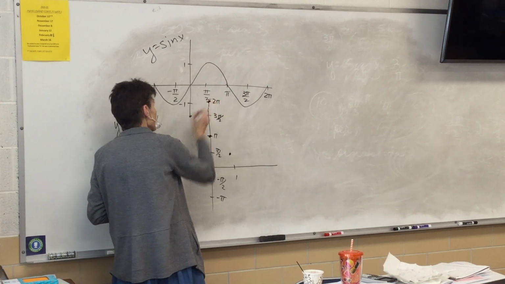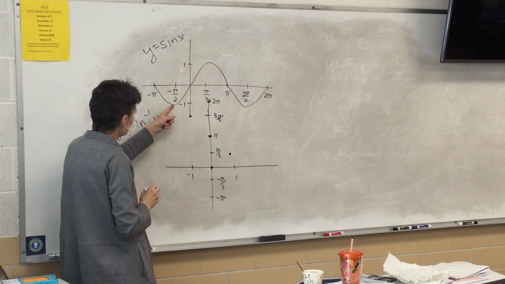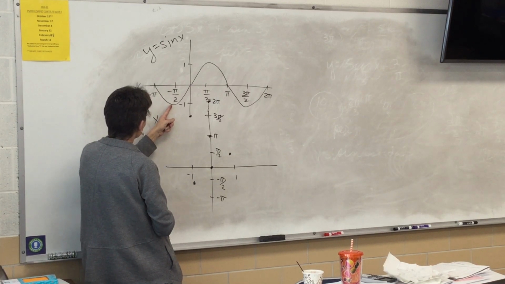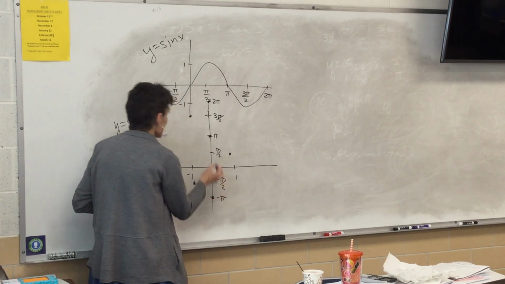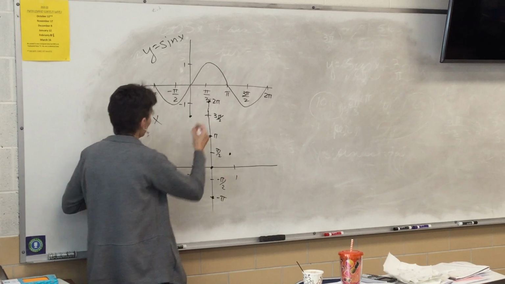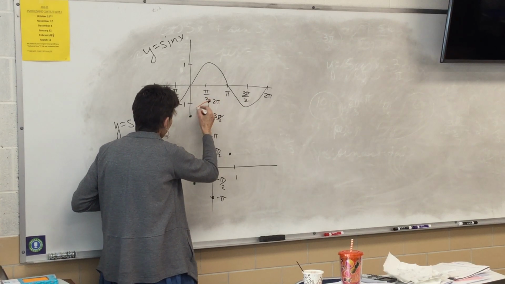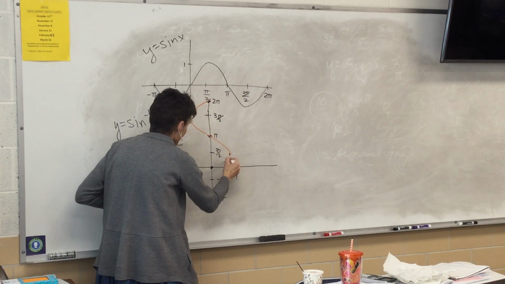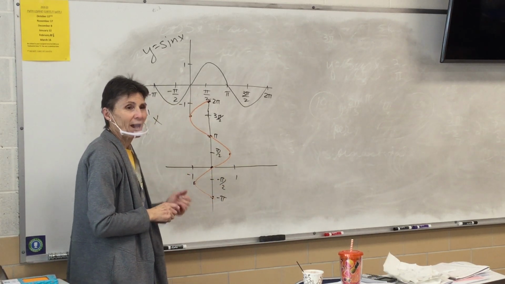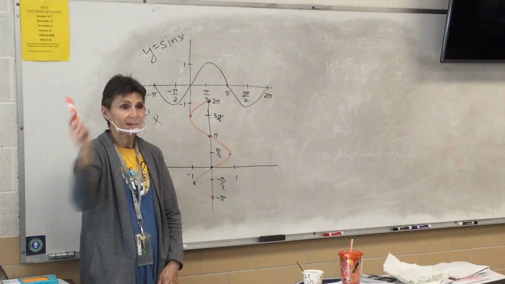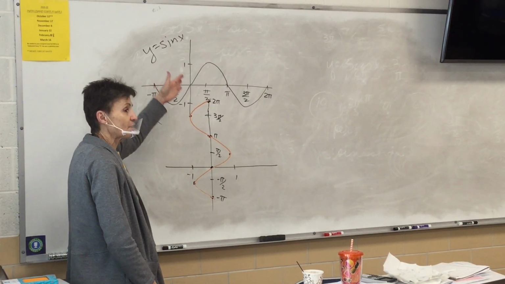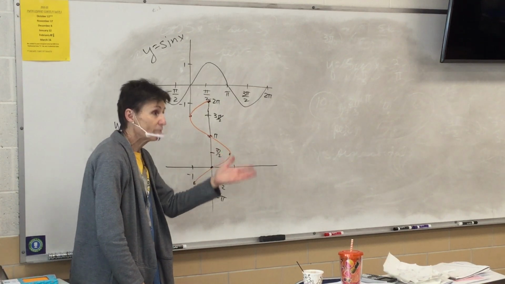And this one will be -1, negative pi over 2. And when I connect those dots, and I'll use a different color so it shows up a little better for you, does that make sense? That when I graph the inverse of this, I get this. And you can clearly see that the orange thing is not a function.